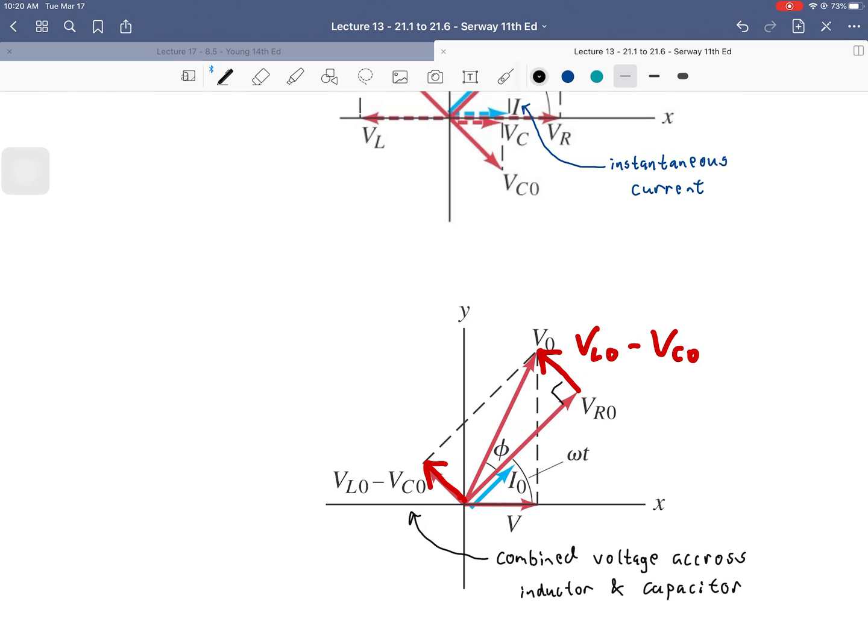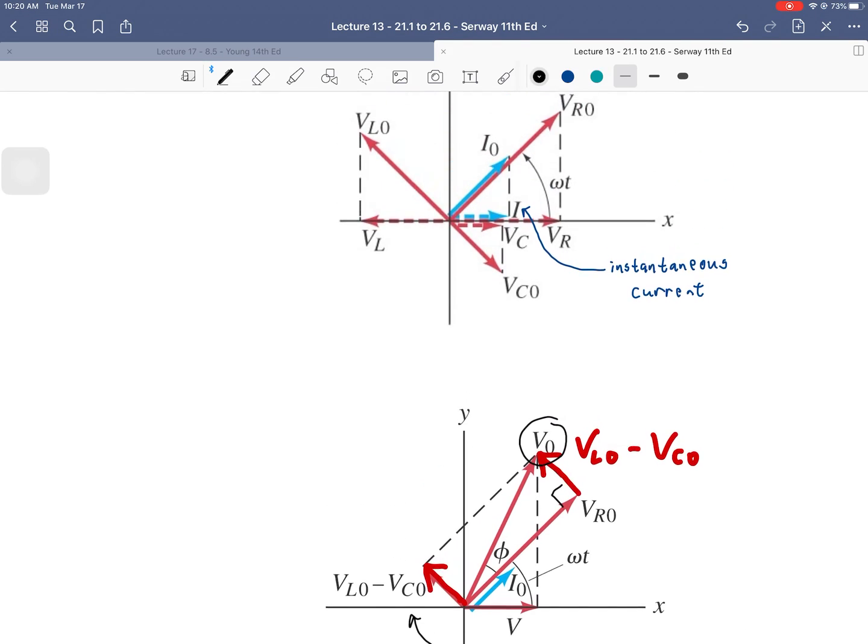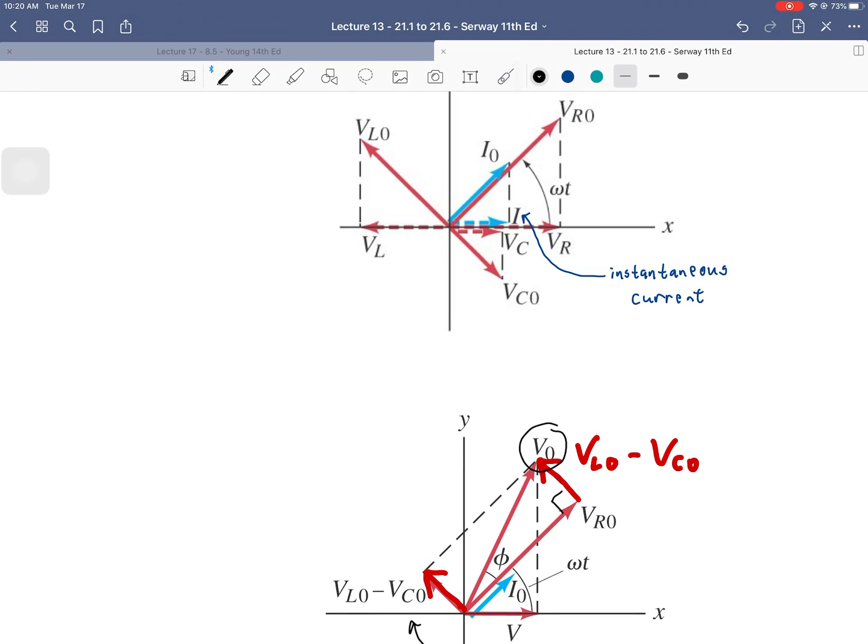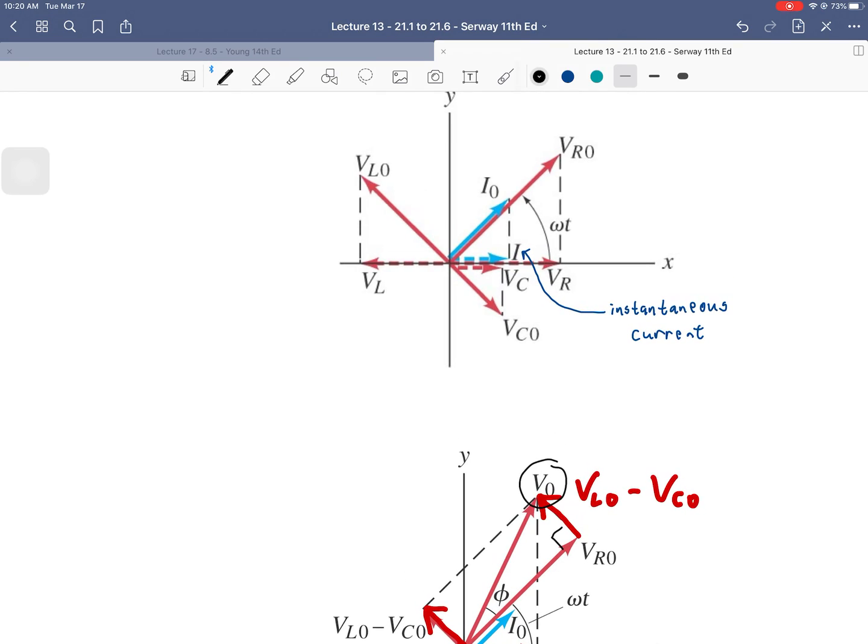And now that we have a right triangle, we can use the trigonometric equations, so cosine, sine, and especially tangent. We can use the Pythagorean theorem in order to find an expression that hasn't shown up on our diagram so far, but that is the overall voltage of the circuit. Notice, right? Up above, we had all the voltage across each individual component, as well as the instantaneous voltages across each individual component.